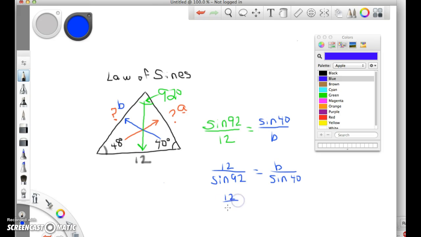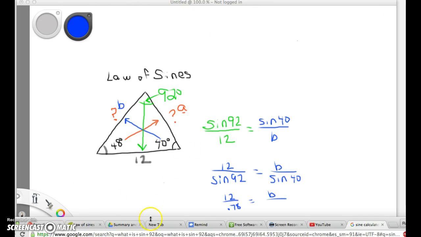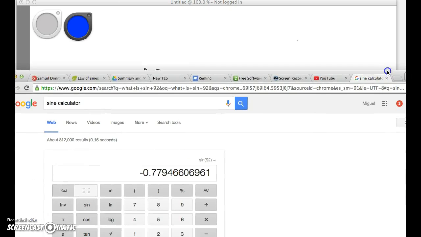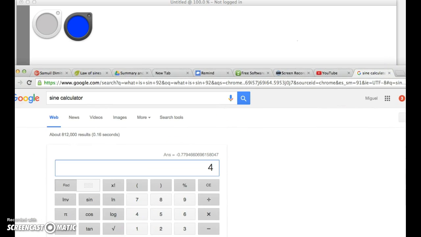So we got 12 divided by 0.78 equals b, or in the sine of 40, let's get that. The sine of 40 degrees is 0.74.